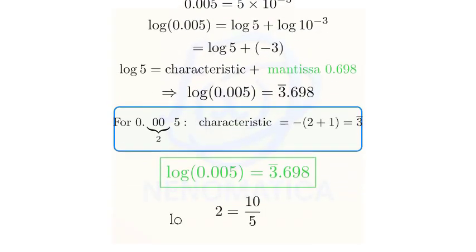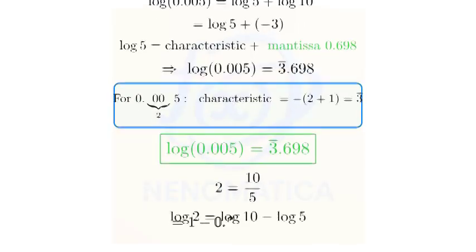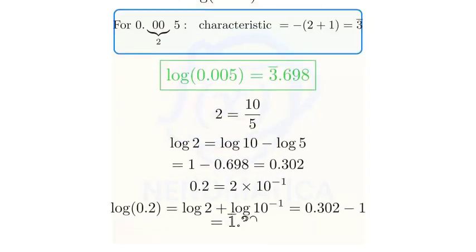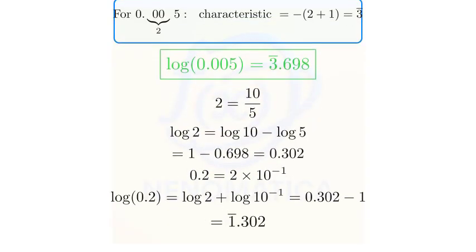Now let us find log of 0.2. First, compute log of 2 using the quotient idea, since 2 equals 10 divided by 5. Log of 2 equals log of 10 minus log of 5, which is 1 minus 0.698. That is 0.302. Then log of 0.2 is log of 2 plus log of 10 to the power negative 1, which is 0.302 minus 1.